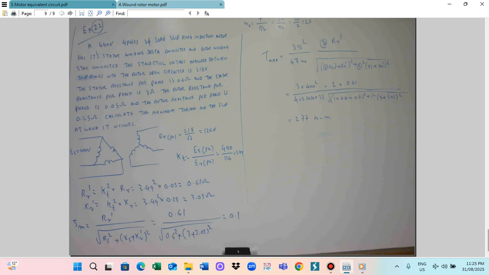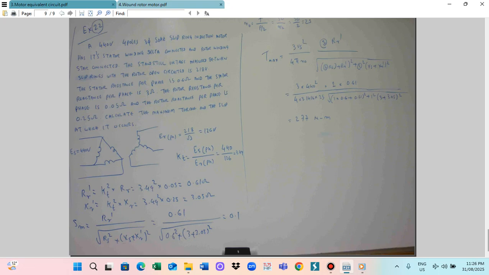So to calculate this we want to calculate the maximum torque and the slip. Firstly you need to calculate the slip at maximum torque. Sm is equal to R dash divided by the square root of Rs square plus Xs plus Xr dash square. So this is for the slip at the maximum torque. Firstly you calculate R dash.